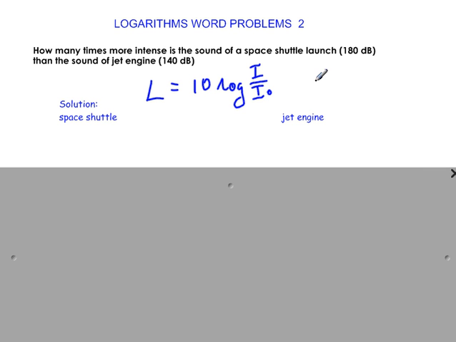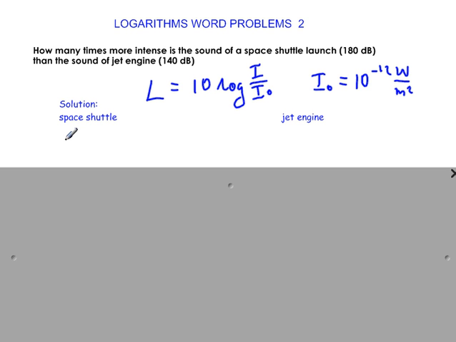And the value of that, although it's not important to know for this exercise, is 10 to negative 12 watts per meter squared. So this is just the intensity that we can barely pick up by the human ear.